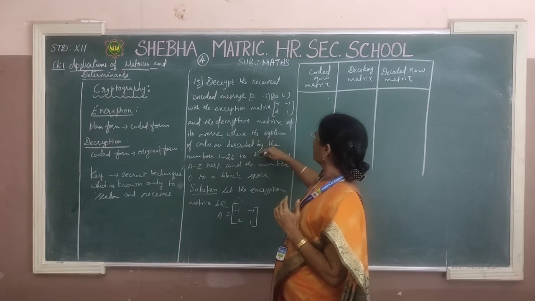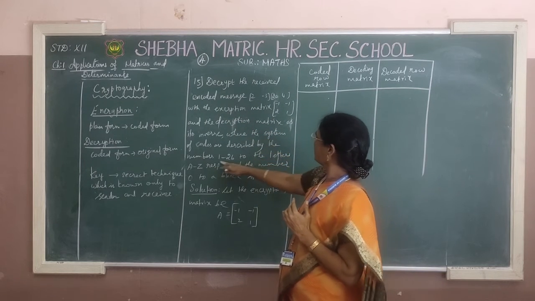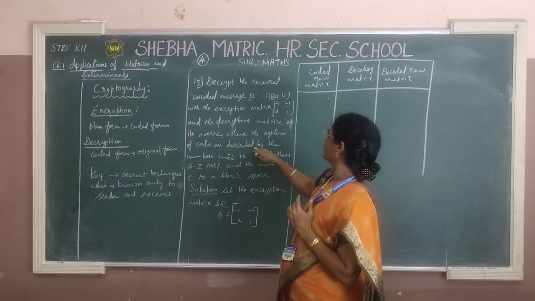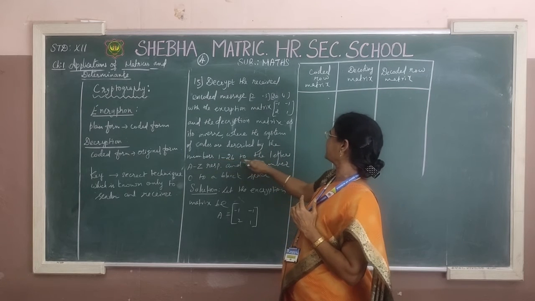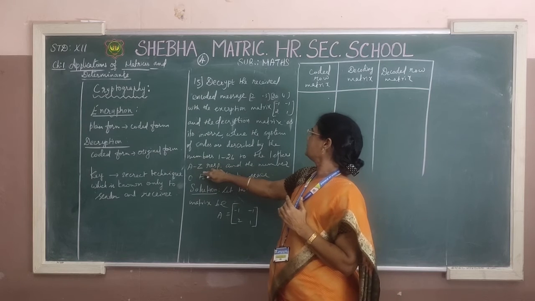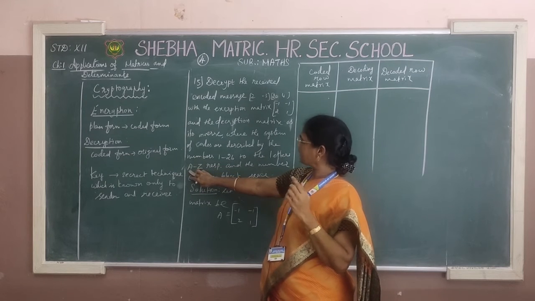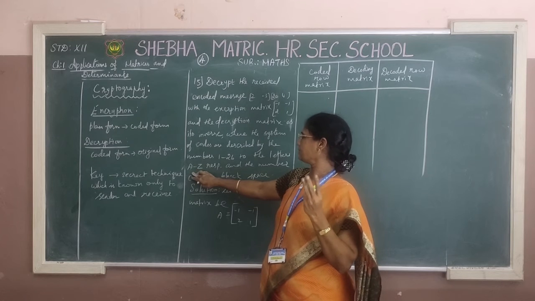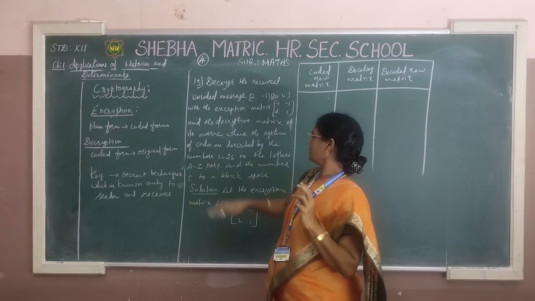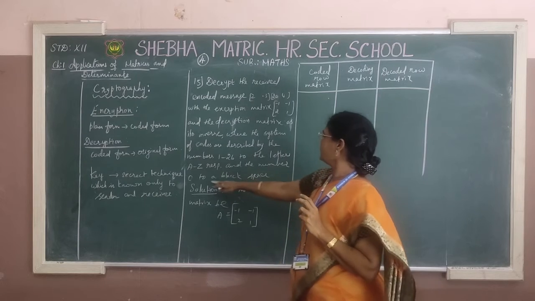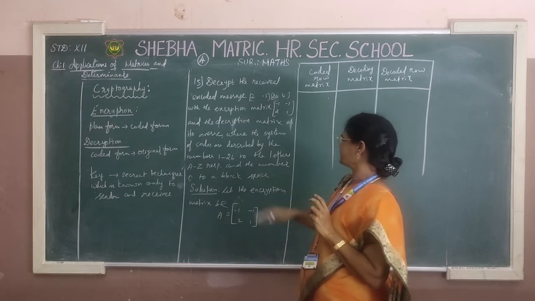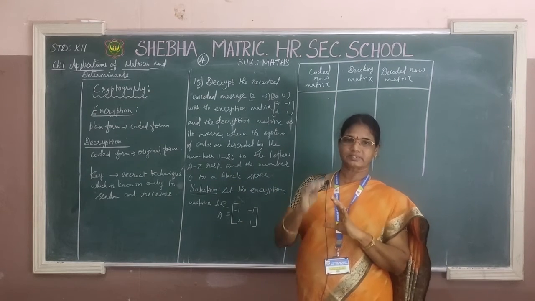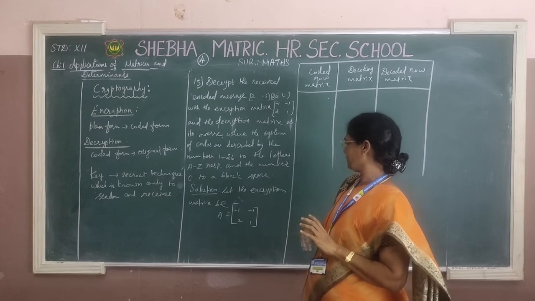Okay. And also what is given: the codes are described by the numbers 1 to 26 for the letters A to Z. That is, they are giving 1 for A and 2 for B, 3 for C, like that, 26 for Z. And the number 0 for a blank space. If you are getting a blank space, you put 0 for that blank space.